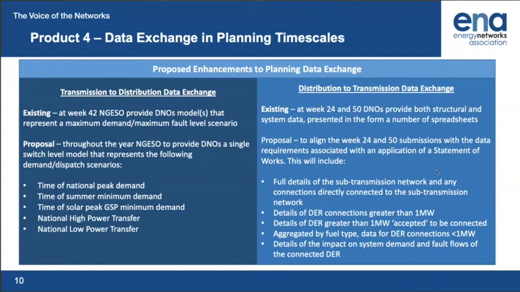So what we do is provide an updated view when we have the statement of works process. So when we're applying for a statement of works for new connected generation, we would update National Grid on the actual position for less than 1 megawatt. But at the moment, it's not anticipated that accepted ones will be published at that stage.